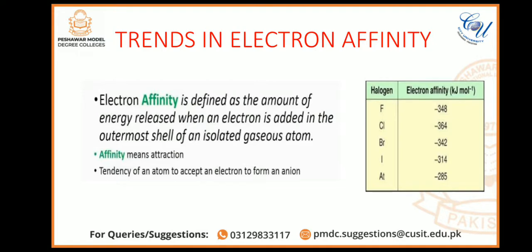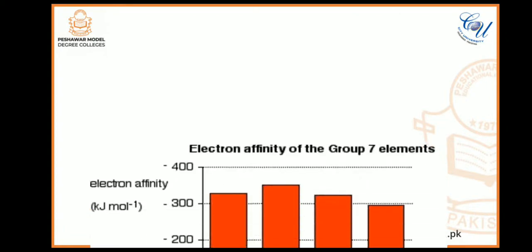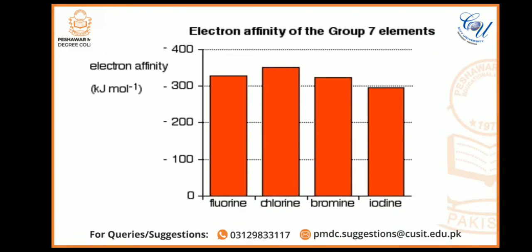It decreases down the group with the exception of fluorine. The electron affinity from chlorine to iodine decreases, but fluorine is an exception, as its electron affinity is lower than chlorine.